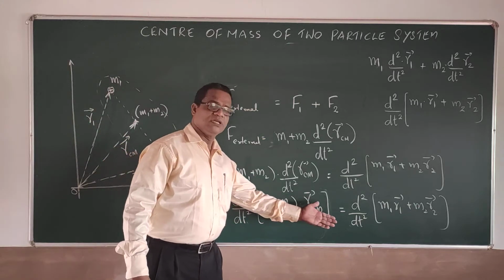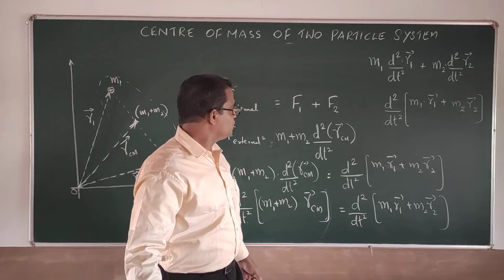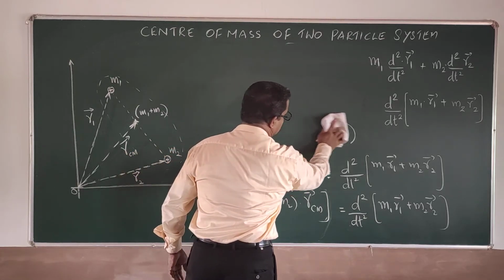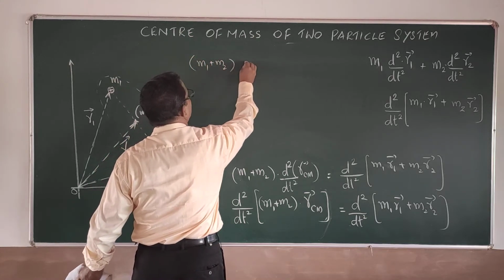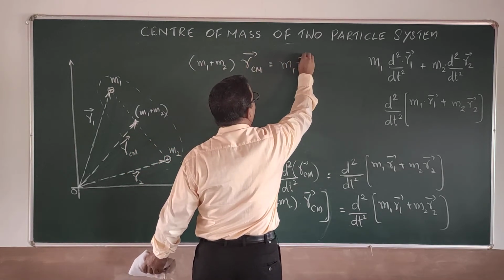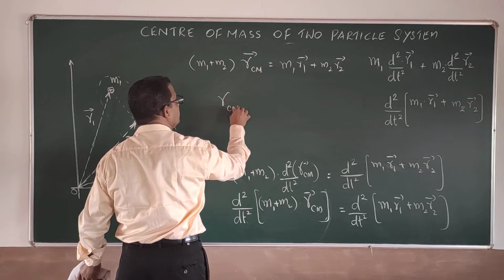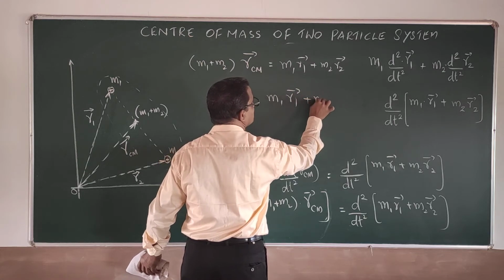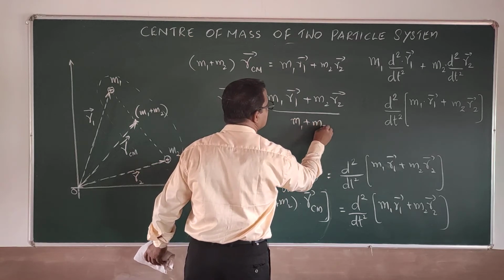So the derivative effect on left and right is the same, that is the second derivative, d square by dt square, the same way. Therefore, I can ignore that on both sides and we get the condition as m1 plus m2 into RCM will be equal to m1 r1 plus m2 r2, and therefore RCM, the position vector of the center of mass, will be equal to m1 r1 plus m2 r2 divided by m1 plus m2.